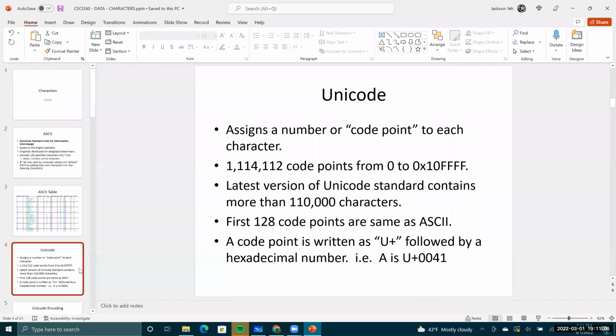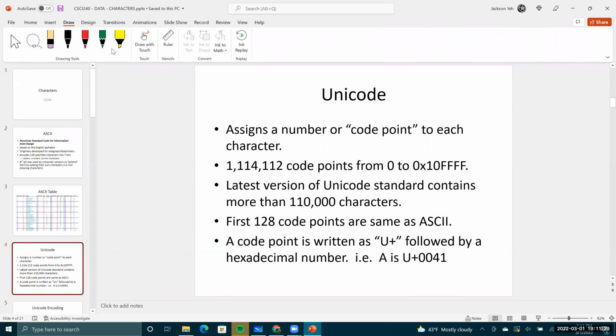Another thing about code points is that because you're dealing with a large number, up to 110,000 different characters, the standard for writing a Unicode code point is U plus, and then the hexadecimal number of the character. So very important: when you write or reference a hexadecimal value, it's written as U plus the hex value.